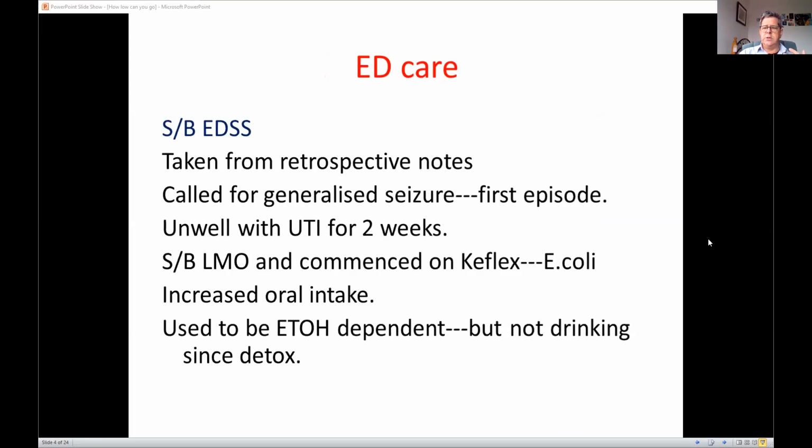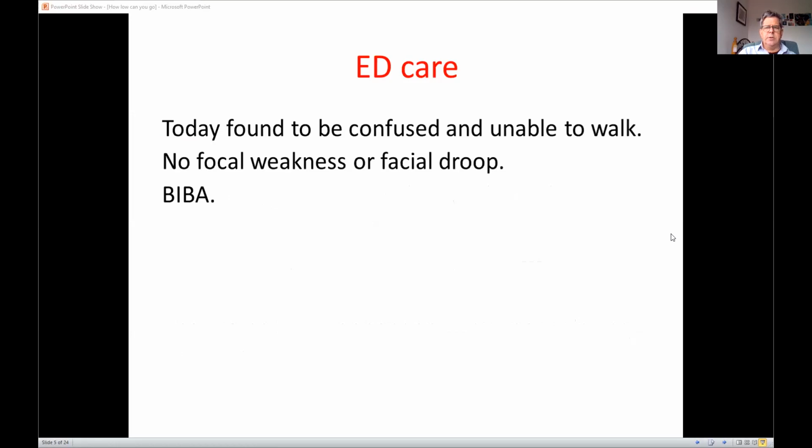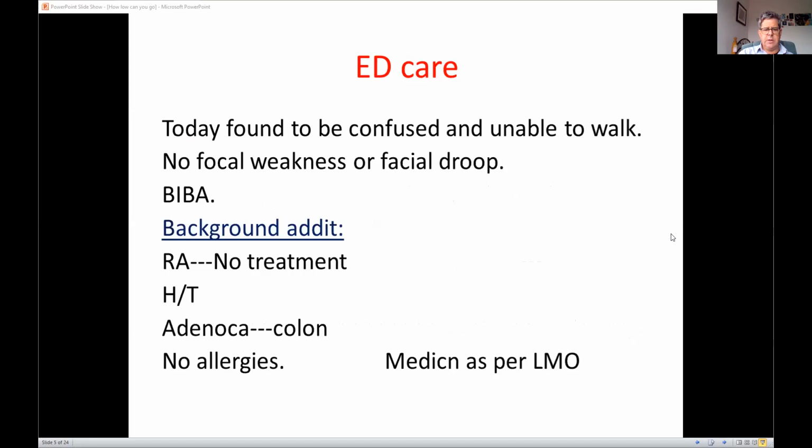In terms of the quick additional history that's gained, the only additional part potentially relevant is that she did have this history of heavy alcohol dependency. And there was no focal weakness or facial droop to suggest that it actually was a CVA.